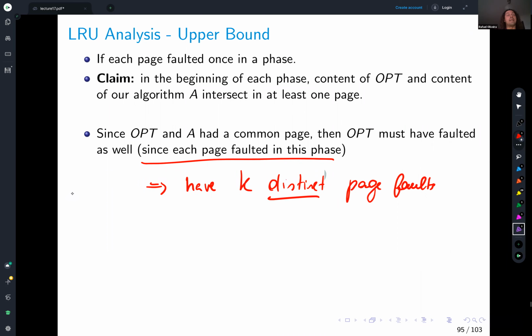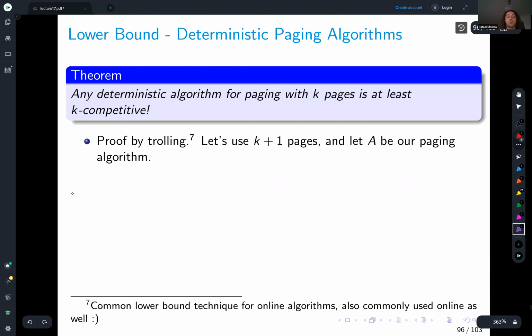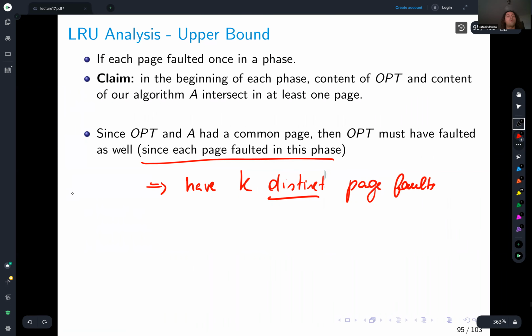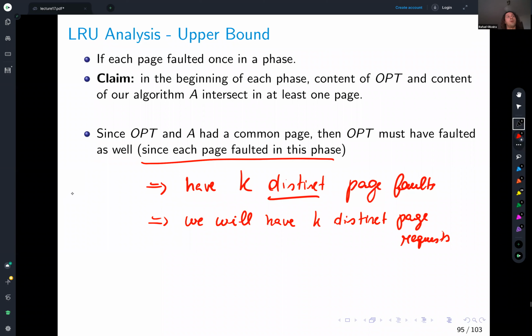So no matter what opt had before, we'll have K distinct page faults, which means that we will have K distinct requests, like distinct page requests. Right? So if we have K distinct page requests, and all of these faulted.